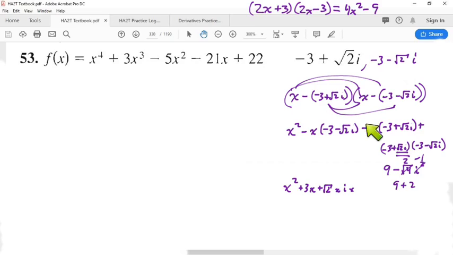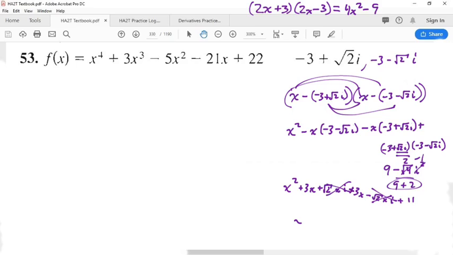So what is negative x times -3? It's going to be positive 3x. And then we have negative x times that, so it's going to be negative square root of 2x and then the i. Then we have plus 11. Do you guys know where plus 11 came from? That guy. Okay, so can we cancel stuff out? Yes, kill him and kill him.